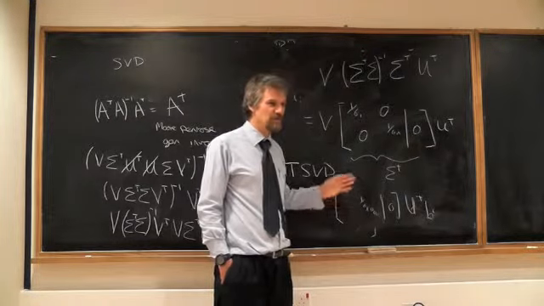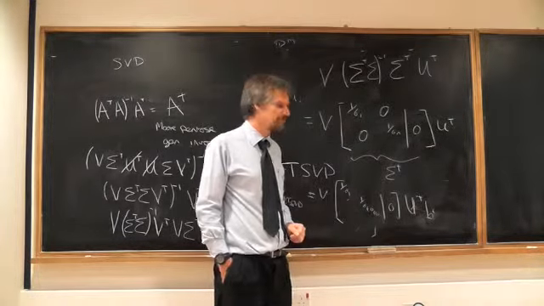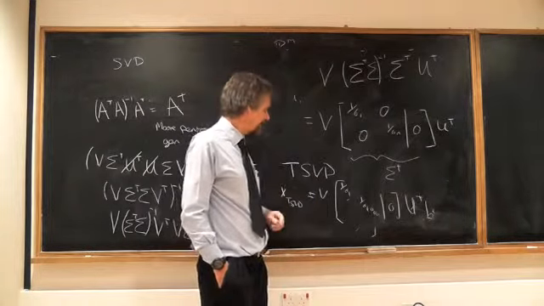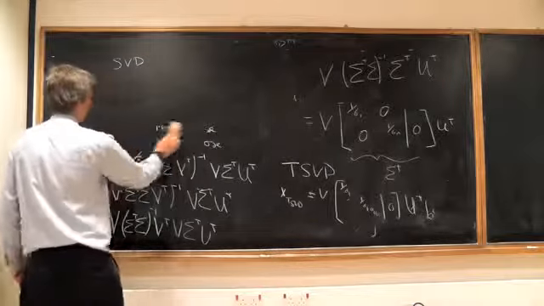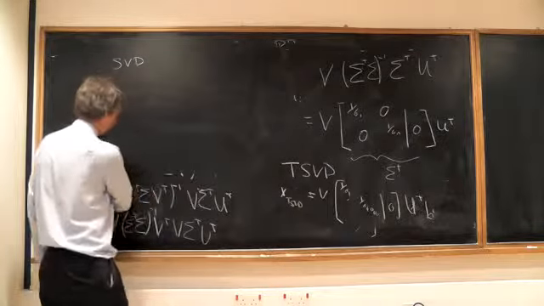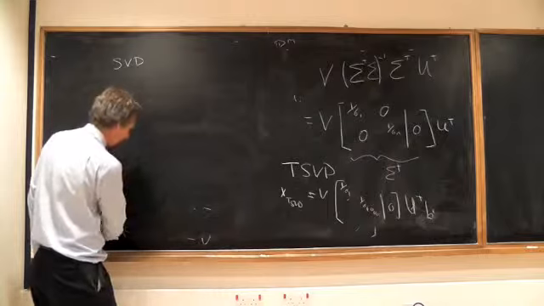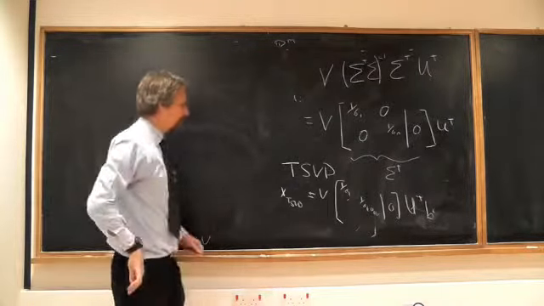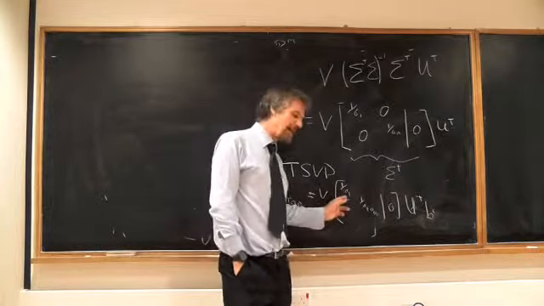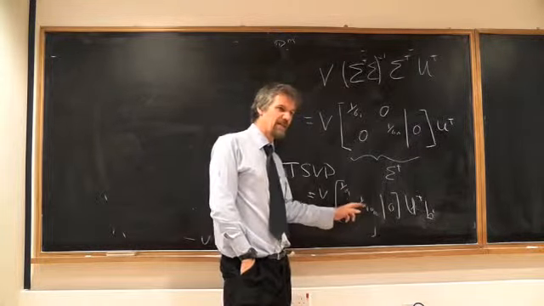But in practice, you usually want to stop a little bit sooner than that. So that's a truncated singular value decomposition, and it's another well-known common method for solving an inverse problem. It is actually a kind of regularization. Instead of an alpha, you choose which k to truncate at.